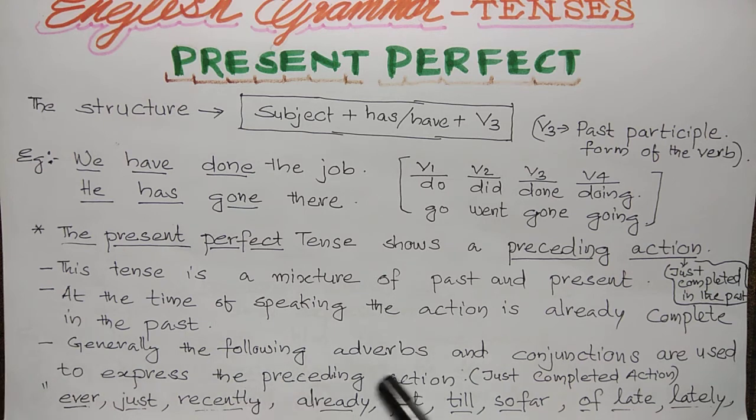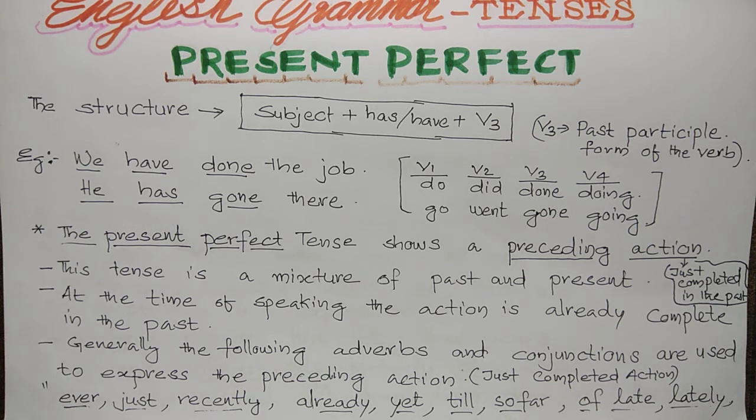Generally, the following adverbs and conjunctions are used to express the preceding action. Preceding action means again just completed action. The words are ever, just, recently, already, yet, till, so far, of late, lately.